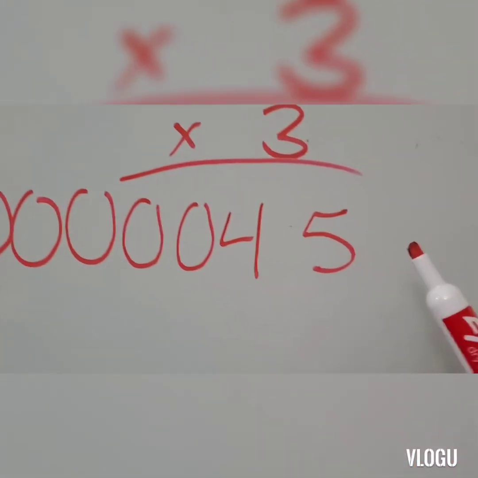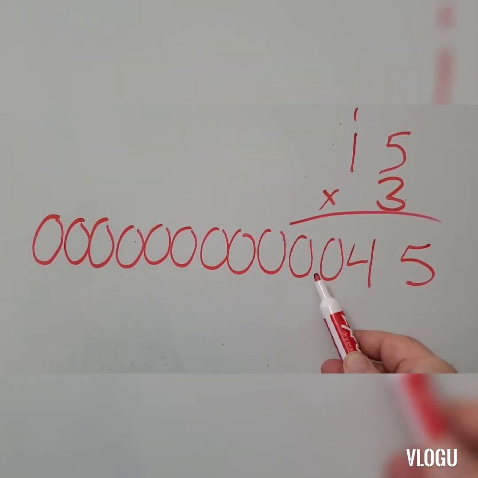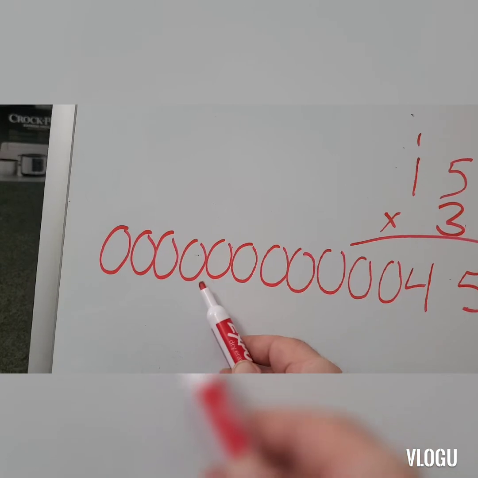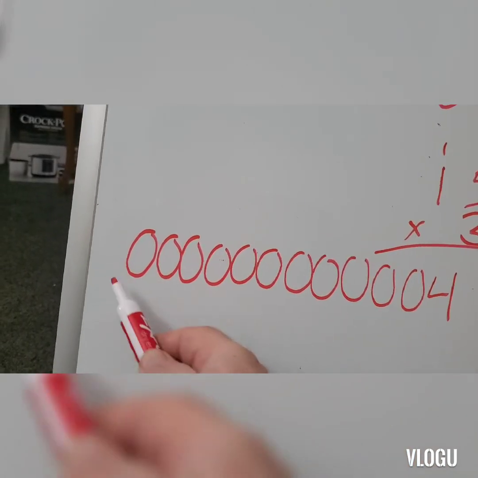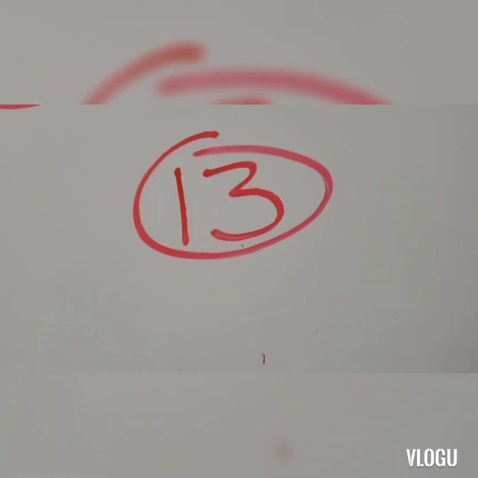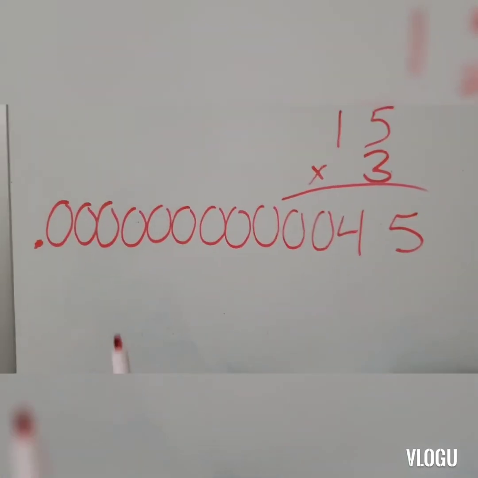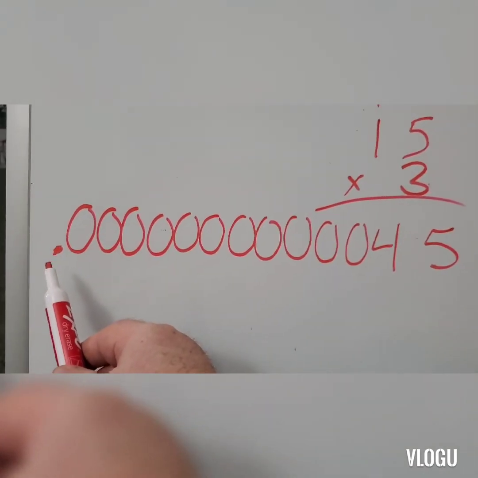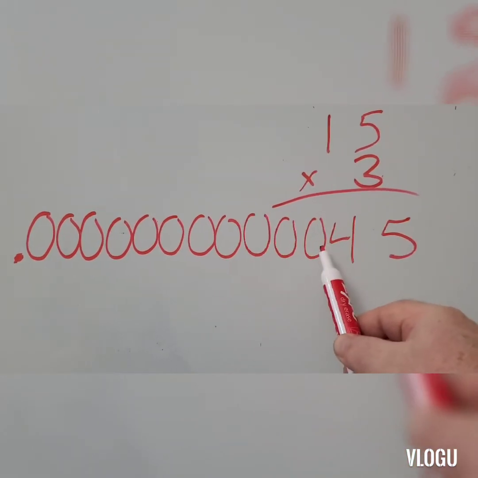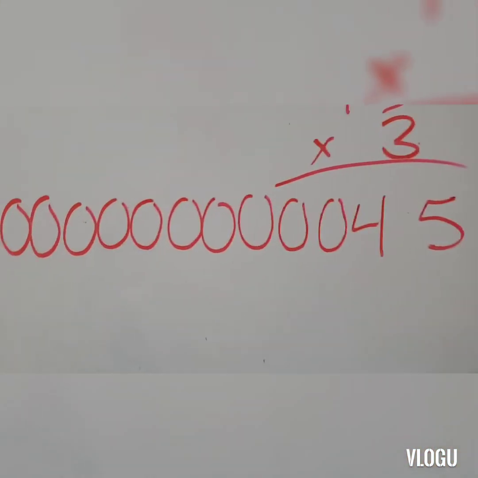Let me double check. 1, 2, 3, 4, 5, 6, 7, 8, 9, 10, 11, 12, 13. I have slid to the left 13 places, and my answer has a decimal 1, 2, 3, 4, 5, 6, 7, 8, 9, 10, 11 zeros, a 4, and a 5.